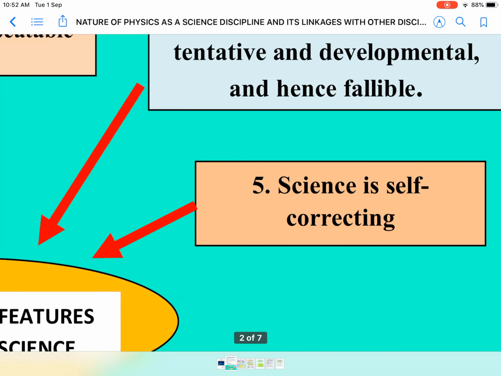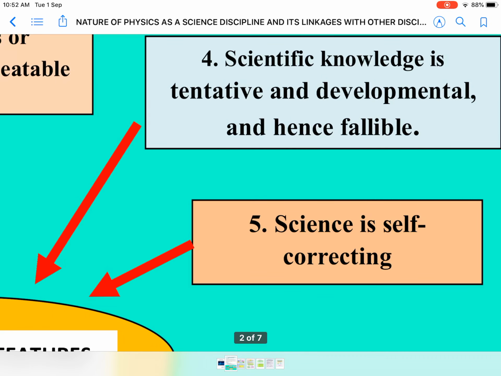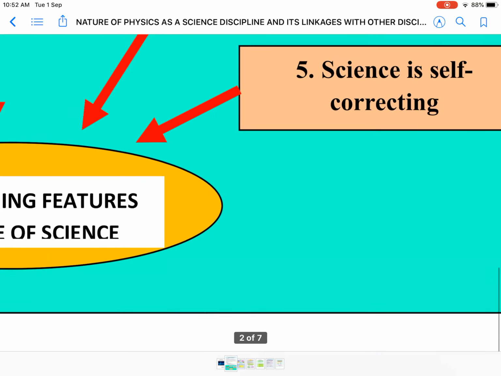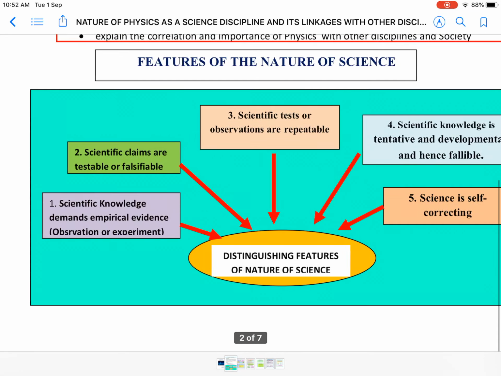It is interconnected with point number 4: since scientific knowledge is tentative and developmental, with time and more research work, the knowledge will be changed from time to time. As the factual and conceptual knowledge keeps on changing, science is self-correcting that way. So these are the 5 important features which we consider as distinguishing features pertaining to the nature of science.